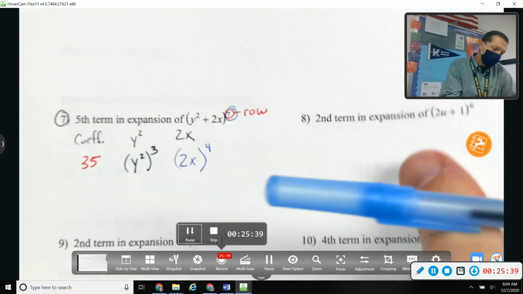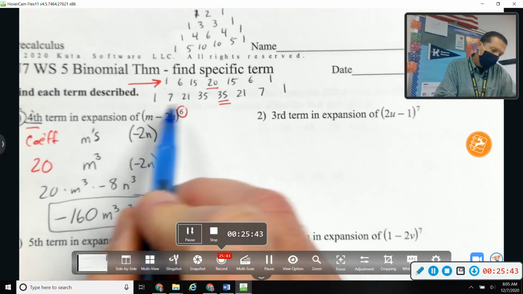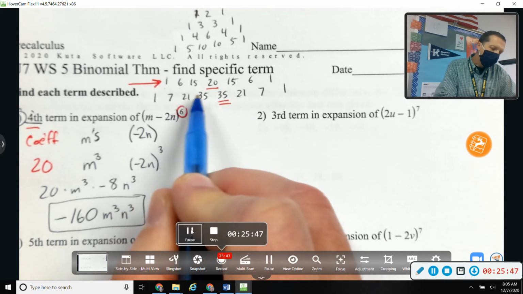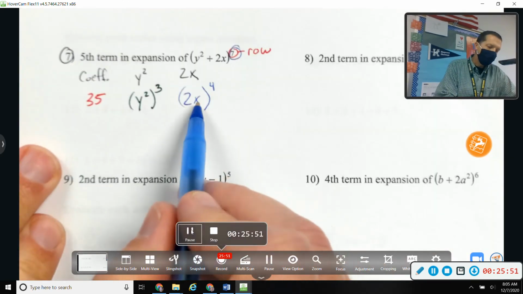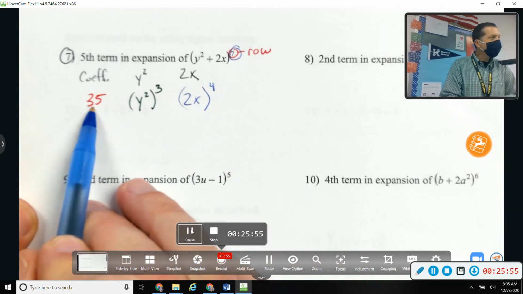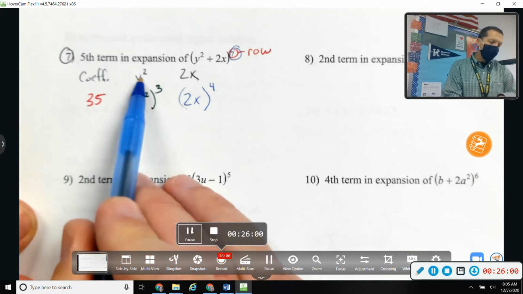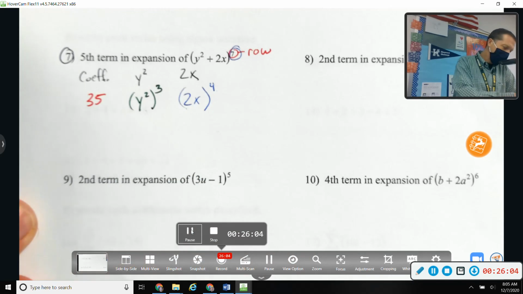So the 2nd term, there's none of them. 1 of them, 2 of them, 3 of them, 4 of them. And that's what we said a minute ago. 4 2x's. So the coefficient from Mr. Pascal's triangle, and then count up for the power of the first term, count down for the power of the second term, and then just do a little bit of cleanup work.